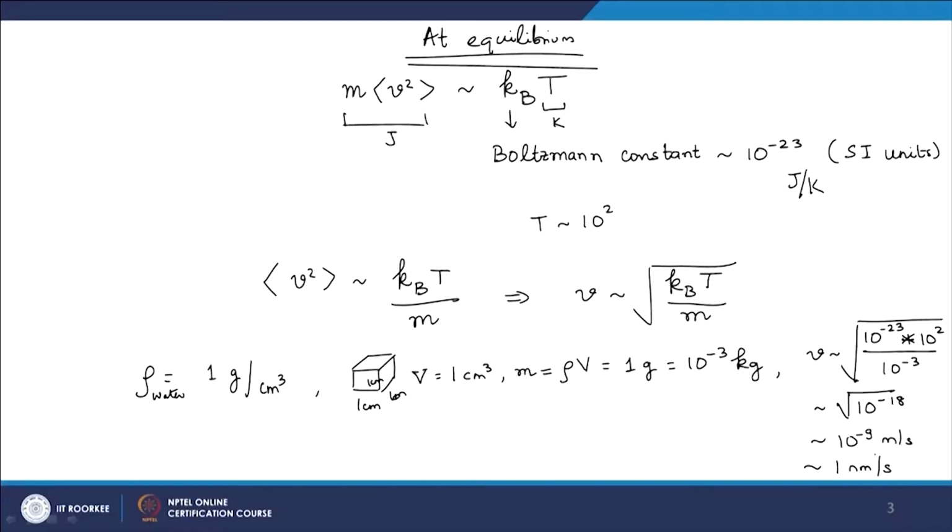And if I think of, say, ourselves, we are much larger than 1 cc. So, our velocities, because of Brownian motion, will be even smaller, and we can barely observe that. But if we really go to smaller systems, let us say now we look at a block that is 1 micron each.